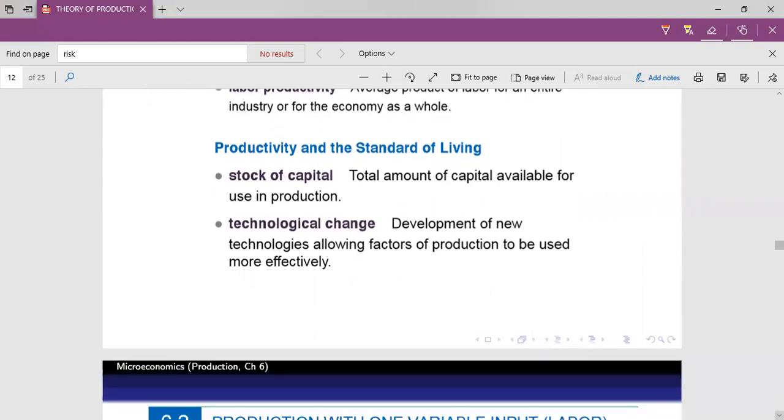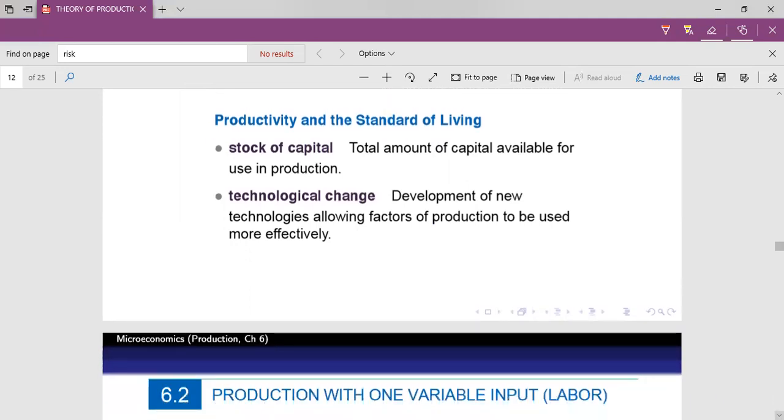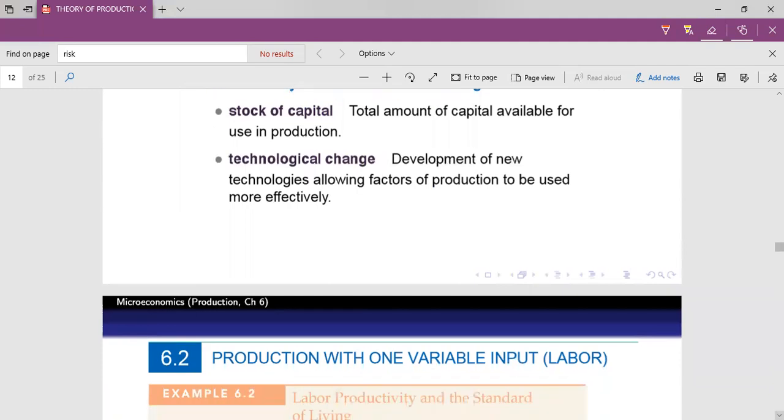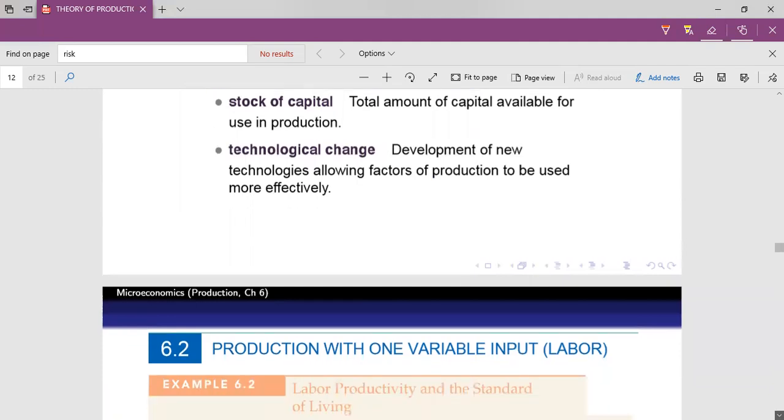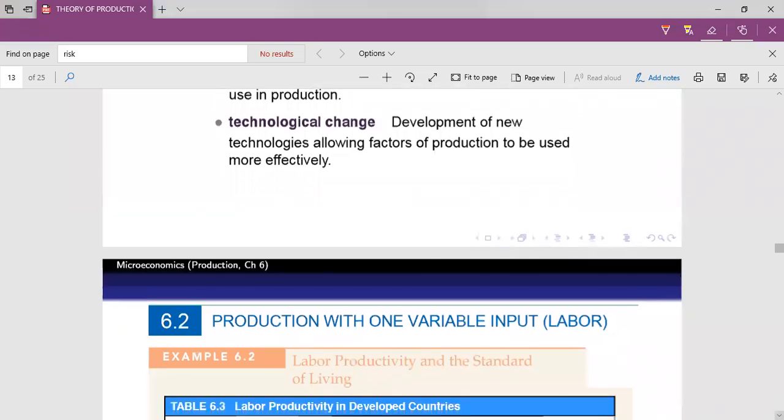So stock of capital, we are talking about the total amount of capital available for use in production. Then technological change, we mean development of new technology, allowing factors of production to be used more effectively.